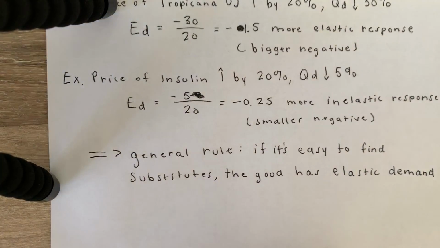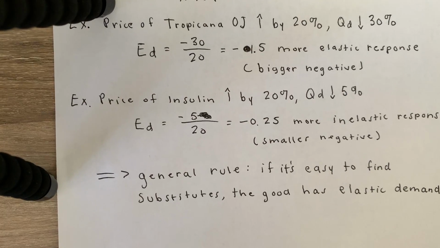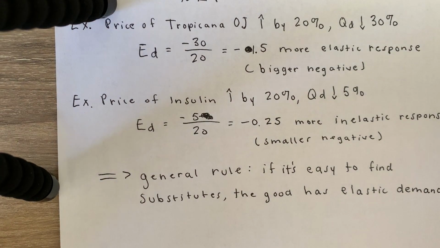And we see that above with the Tropicana: the price of Tropicana increases by 20%, which leads to a quantity demanded decrease of 30%. We see that here. This is a pretty elastic response.